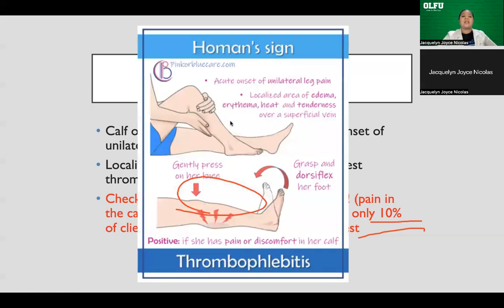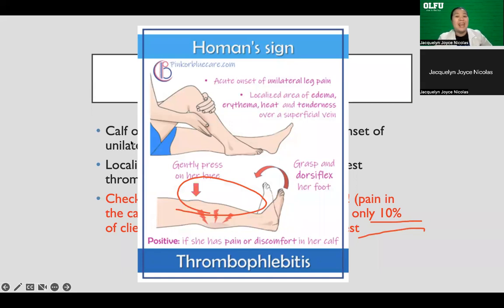So, Homan sign is actually a test that we use na hinahawakan natin yung dito, yung leg, and then we are actually dorsiflexing the foot. Ito yon. Yung dorsiflex natin. Then, ibababa natin yung knee, masakit siya dito. If there is pain or discomfort in the calf, that is positive Homan sign.